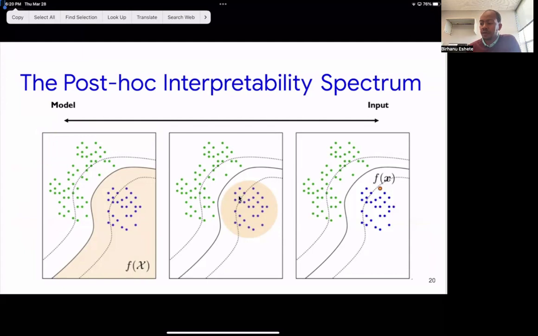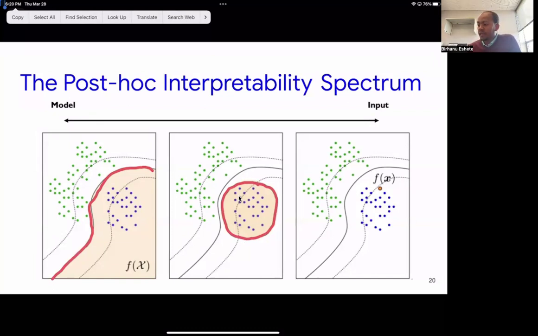In this case, the green dots and the blue dots have a boundary separating the two. In the middle, for each class, you are looking at the faithful region that characterizes a specific class.